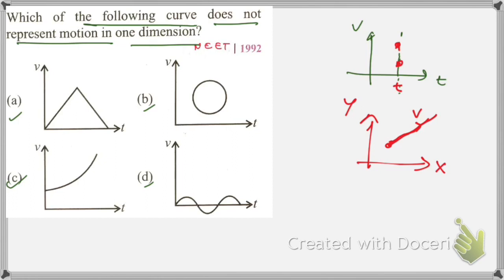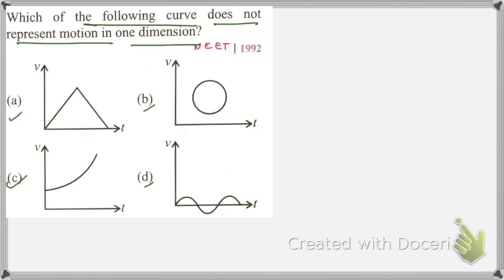If it travels in a direction neither parallel to x nor y, then both coordinates will change, and in this case we're going to get two components of velocity, along the x-axis and along the y-axis, right? So my point is, if you observe all the given graphs here, in this graph we are getting two different velocities at the same time, right?